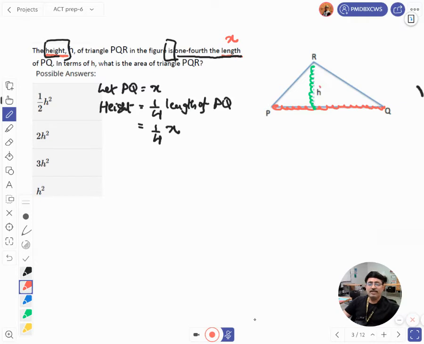Height is given as h, right? Therefore 1/4 of x equals h. Now let's try to find the value of x. I see that 1/4 is multiplying, so the inverse operation is division by 1/4 on both sides.